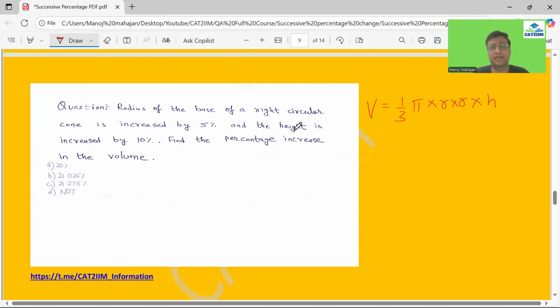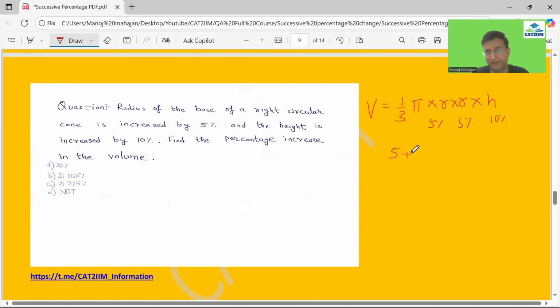So the radius of the base of the right circular cone, they're saying, is increased by 5%. So 5% over here, 5% over here, and height by 10%. So use any two figures first, as I told you how to use a plus b plus ab by 100 in the successive percentage part 1 class.